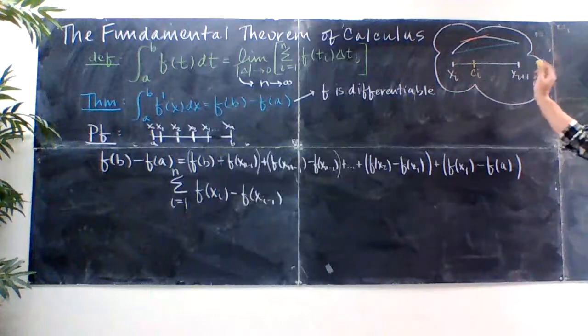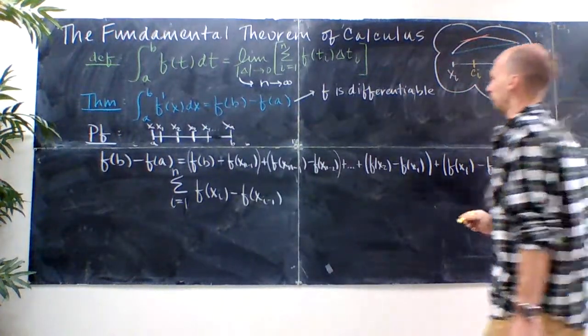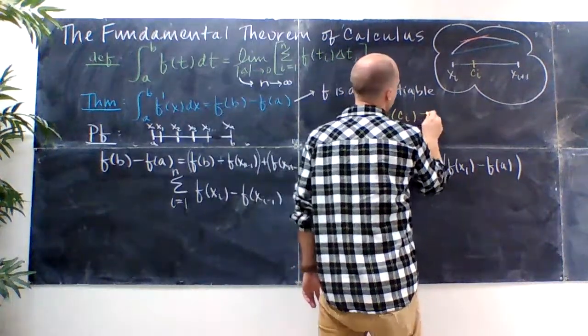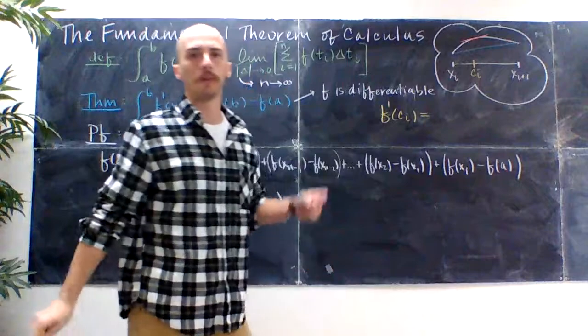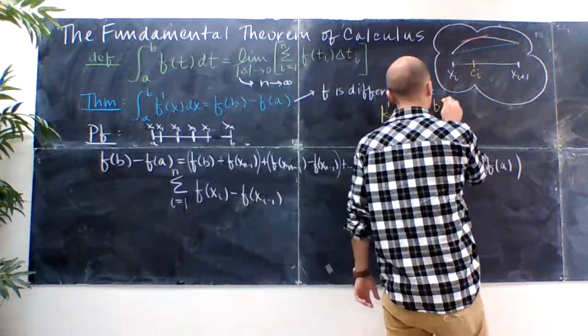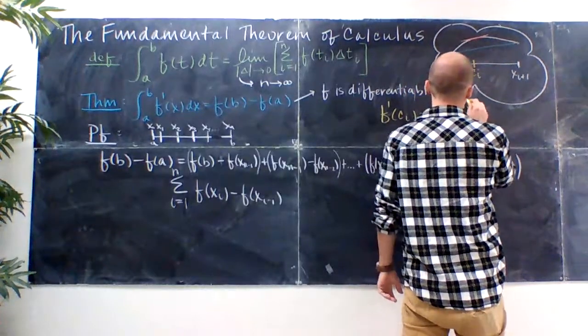Now the important thing about this, and I'm going to write out the formula, is that f prime at c_i is equal to the average rate of change of f over that interval. So this is f of x_{i+1} minus f of x_i, divided by the run, well, x_{i+1} minus x_i.